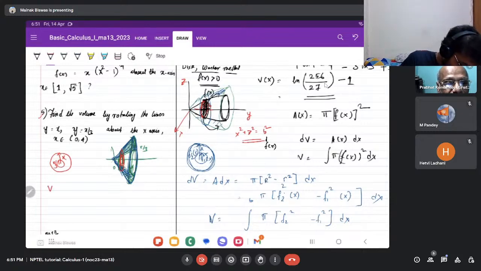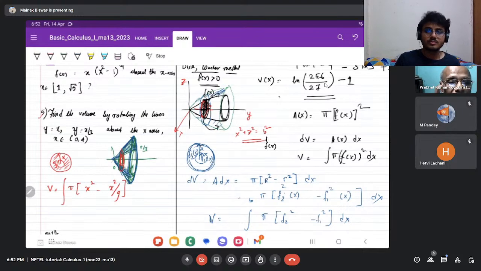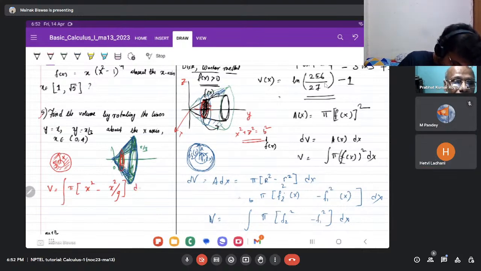So the volume would be pi times, what is your area? This is pi times x square minus x square by 9. Do you agree? Yes, sir. Into dx. So this is your area A of x dx from 0 to 4.